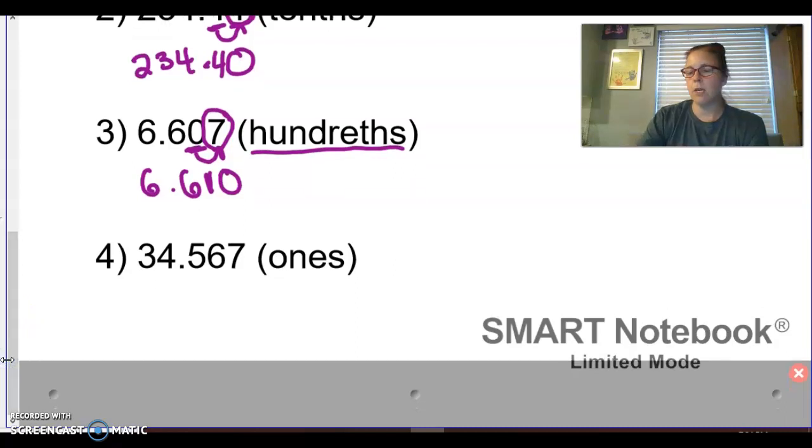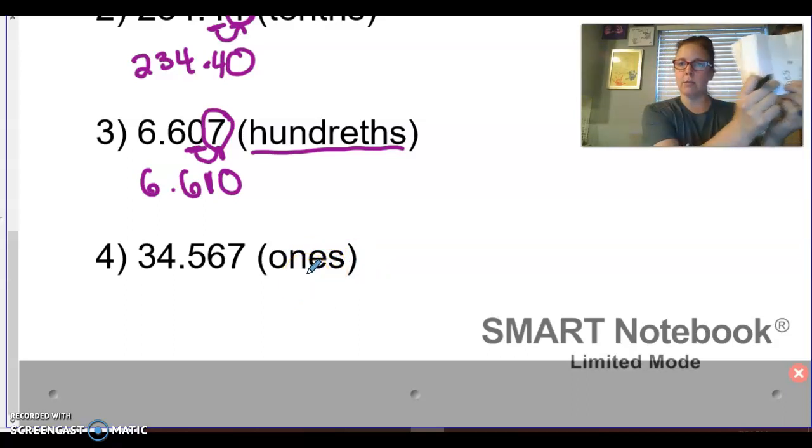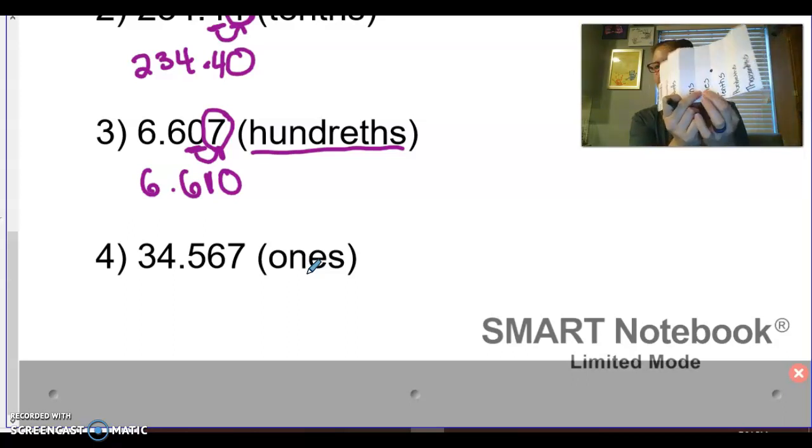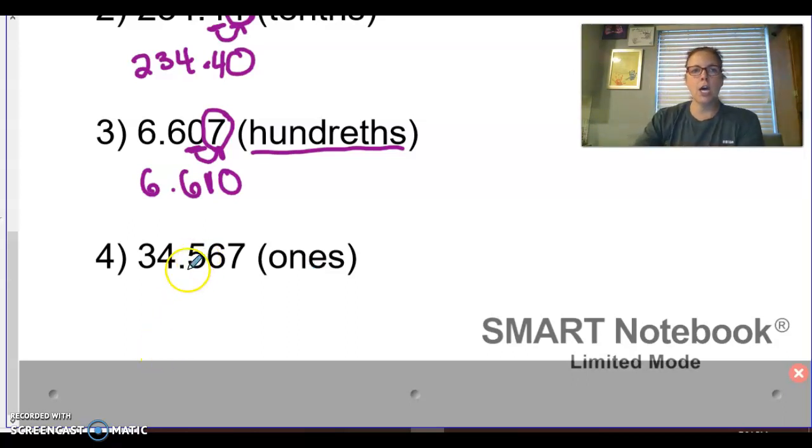This one, we're going to round to the ones. So ones is to the left of the decimal. So this is our ones place, the 4. We're going to go to the right, and yes, it's okay to go over the decimal. Is this 5 or more?